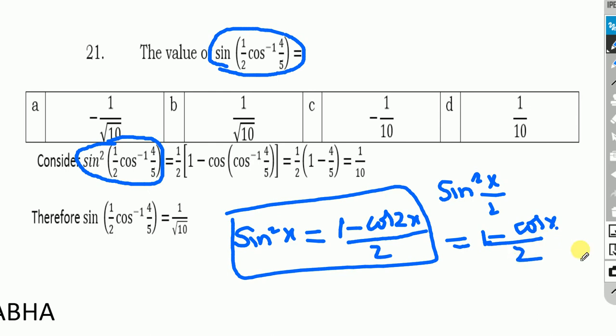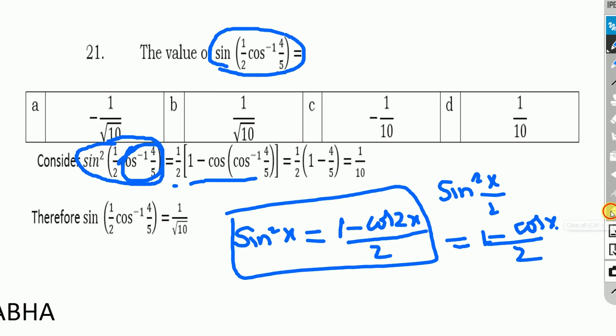Here cos inverse of 4 by 5 is theta, means sine square theta by 2, or if this is x, I have sine square x by 2, which is nothing but 1 minus cos x whole divided by 2.